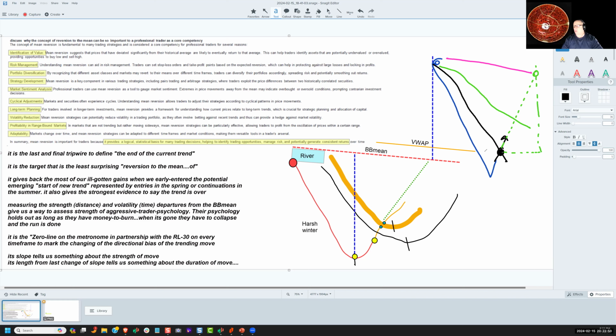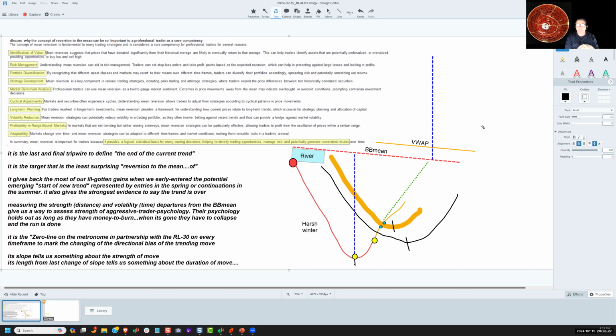If it took 1 unit at a time, it probably takes 3 times as long to climb the wall of worry. But if this was an exaggerated fear-based move, then this should be a greed-based move, and that's why I draw it as symmetrical. And then that becomes the objective line. And then is price moving up in here, or is it moving up on that side of the line? Is it moving faster or slower than the expected? And that's just a rule of thumb. You don't overthink that. Okay?